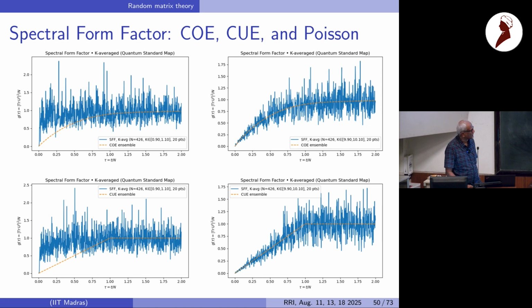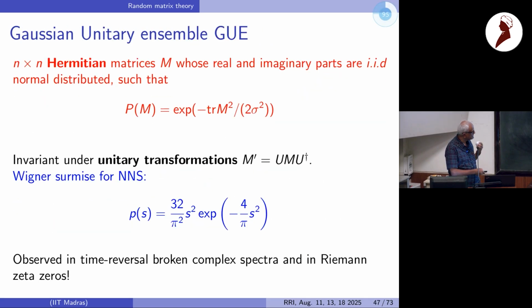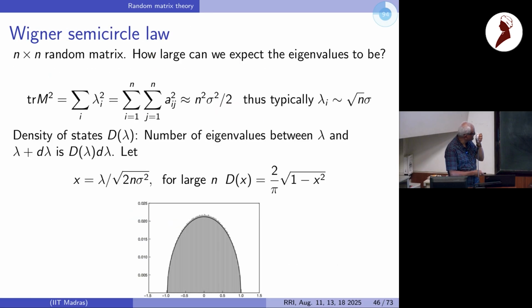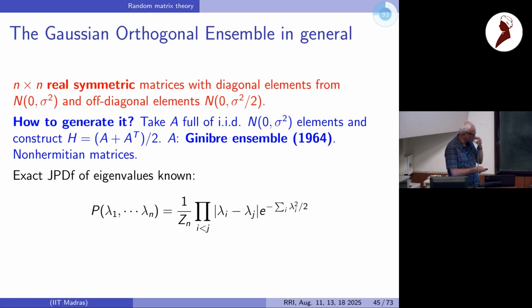It means that if you just take one realization of that, it will not look like the average. It is not ergodic that way, not self-averaging. Like for instance, we've looked at the spacing distribution. I didn't plot it for a single standard map, but if you do, you will find that it will fit this Wigner surmise. You don't have to do any averaging over k.